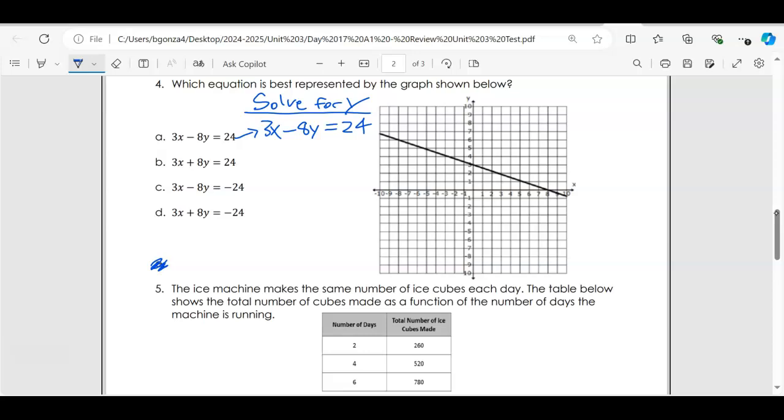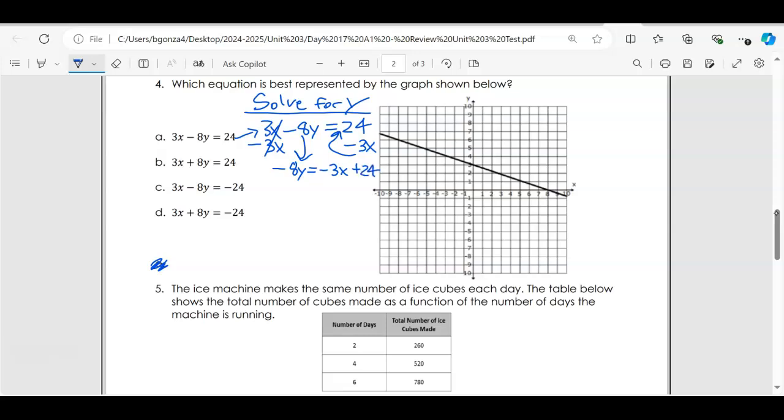It's a positive 3x, so I'm going to subtract 3x here, subtract 3x here. And remember, this mx needs to go in front of this b. They are not like terms. You cannot combine them. So I'm going to bring this down. -8y equals, and remember that minus 3x goes first, and then it's plus 24.